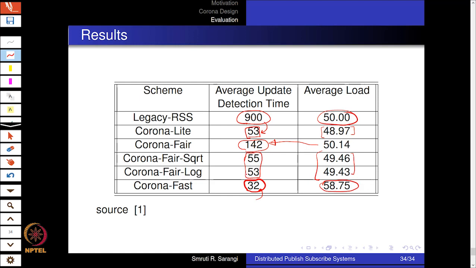So if we are looking at just straightforward update detection time, we go for Corona Fast. If we are looking for fairness as well as a reduction in the server load, the best options are Corona Fair square root and Corona Fair log.